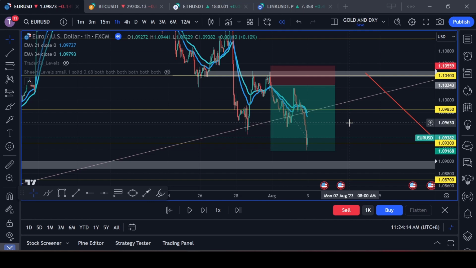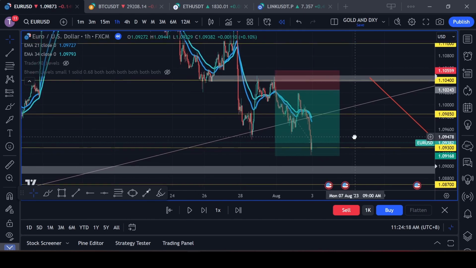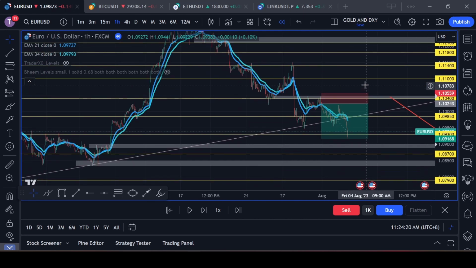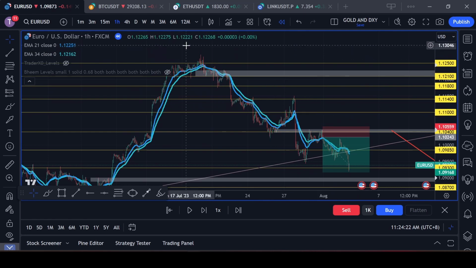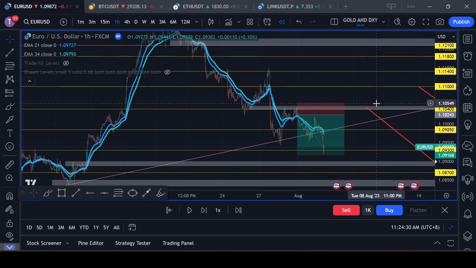So that's for the EURUSD trade, and this is my thought process, just to summarize again. We are in a bearish momentum right now on the lower time frames, on the hourly and the 4-hour chart. I am an intraday trader slash day trader.